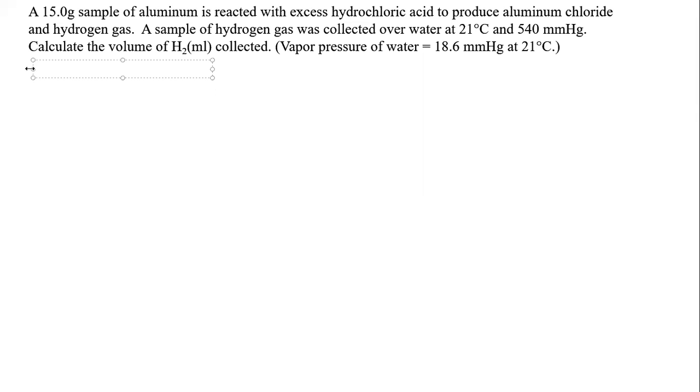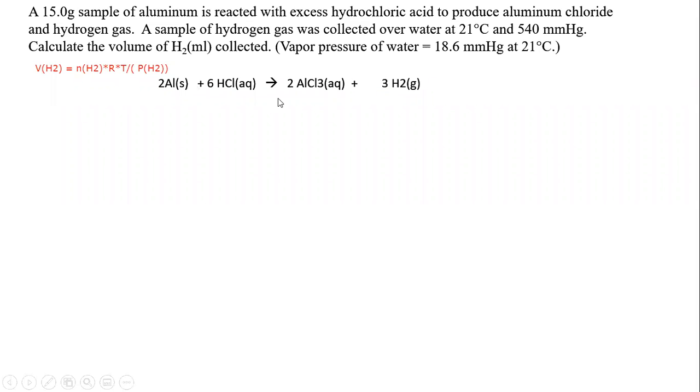So again, the volume of H2 is going to be the moles of H2 times R times T divided by the pressure of H2. Now, we always need a balanced chemical equation. So this is the balanced equation for this reaction.